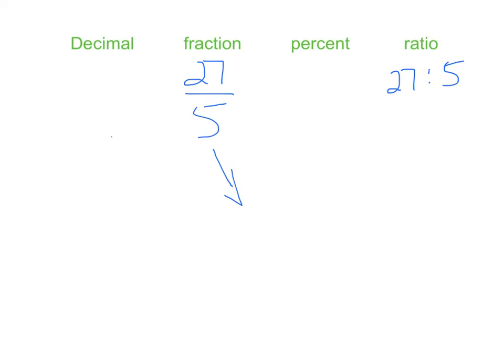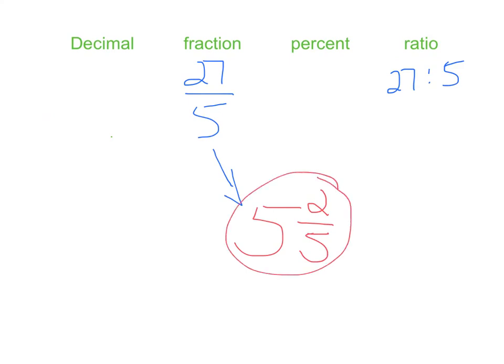So what I want to do is reduce this and see how many times 5 will go into 27. Doing this quickly, it goes in 5 times because I know that 5 times 5 is 25. So I have a remainder of 2 and my denominator stays 5. So actually this is the fraction I'm looking for because we want to make sure we reduce it.